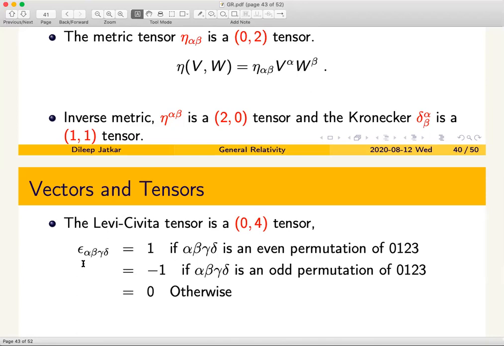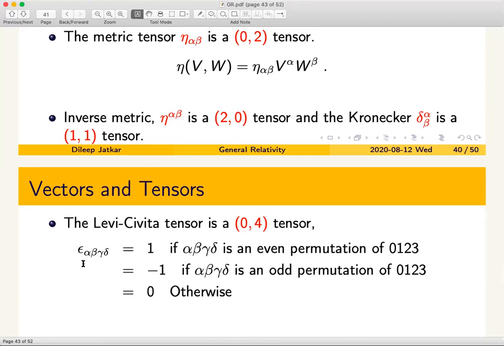You ask how many basic permutations are required to go from 0, 1, 2, 3 to the new configuration. If that requires one permutation, that would be called an odd permutation. Three permutations would also be called an odd permutation. But if it requires two, four or six permutations, then they will be called even permutations. Epsilon alpha beta gamma delta is equal to 1 if it is an even permutation, minus 1 if it is an odd permutation.